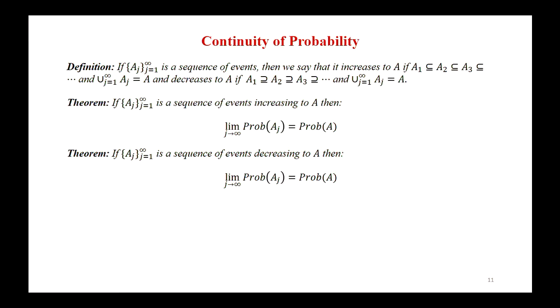That's called continuity of probability. The second theorem gives the same result if the sequence of events decreases to A. That is, the limit as j goes to infinity of the probability of Aj is equal to the probability of A.